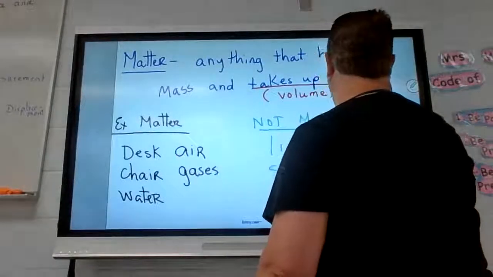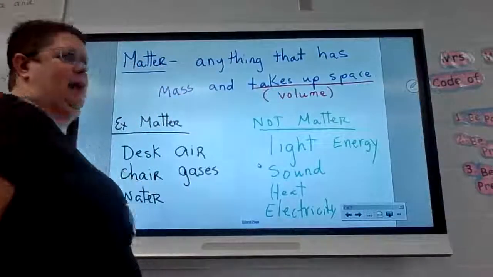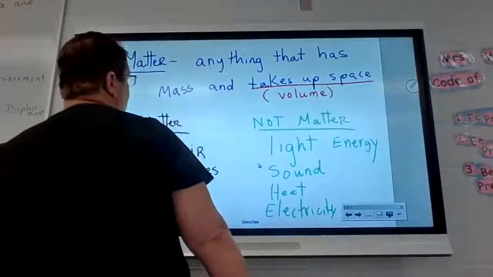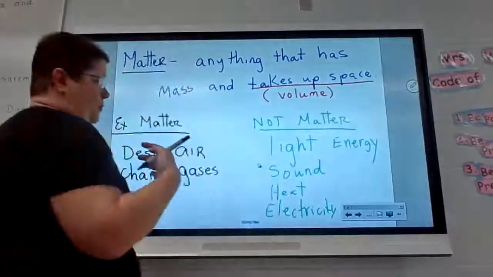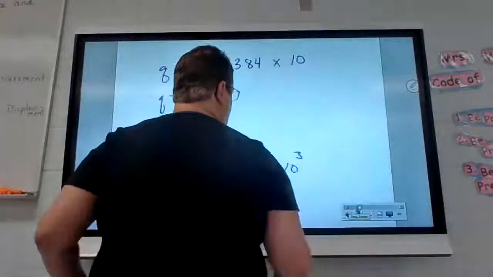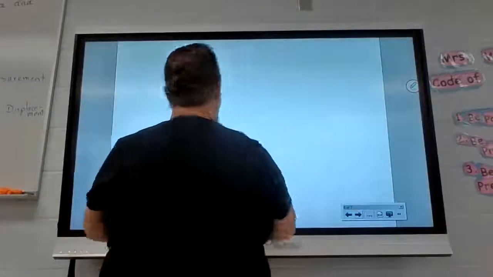Now, the last two words that I wanted to talk about are words that we tend to use interchangeably that are really not interchangeable. Does everybody have what they need? All right. Which are mass and weight.